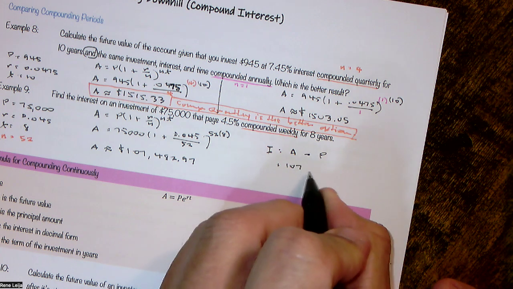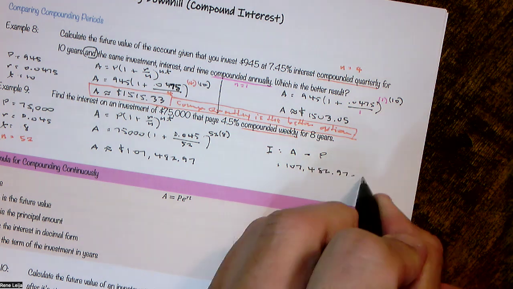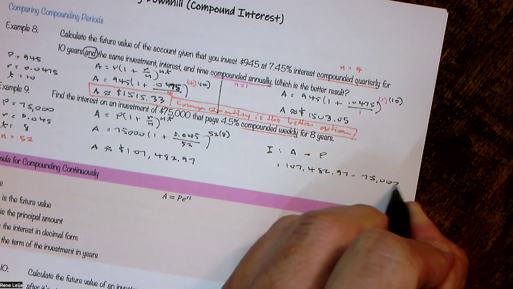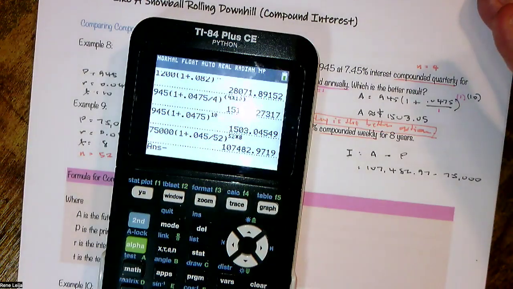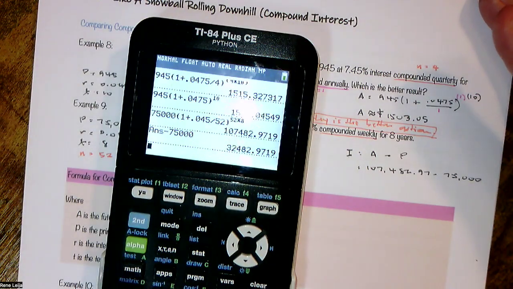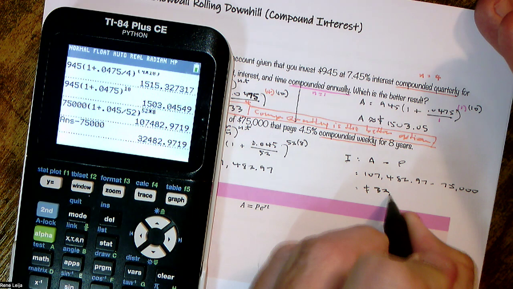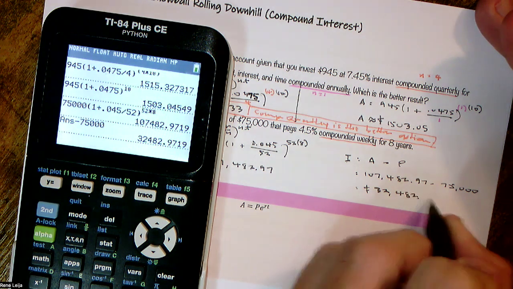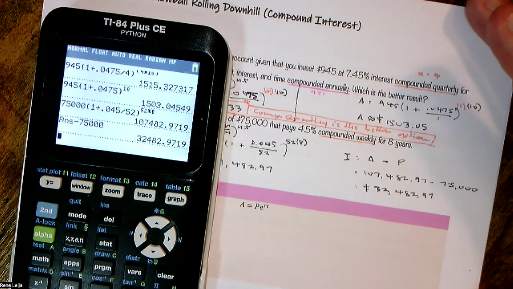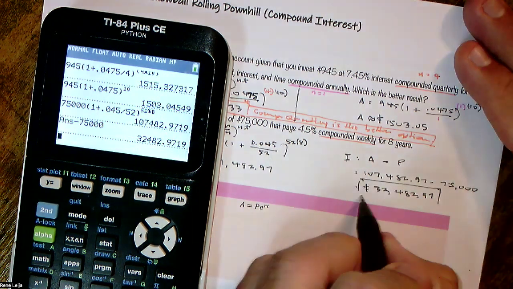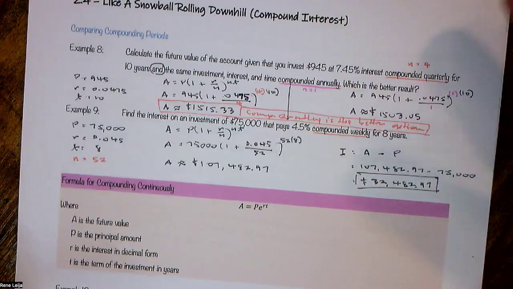So the $107,482.97 minus the $75,000. The difference is going to be $32,482.97, and that's the interest that was earned on that principal of $75,000.